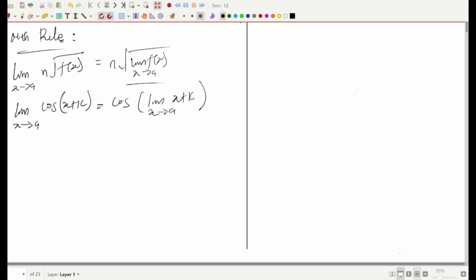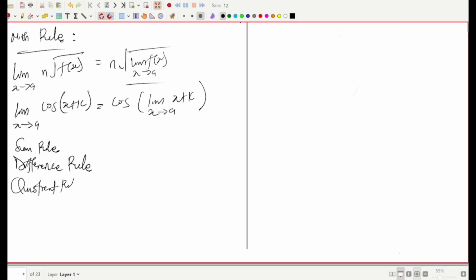Yes, so we are done. But in the last lecture, if it is the first time you are joining, we talked about the sum rule, the difference rule, the quotient rule, and the constant multiple rule.